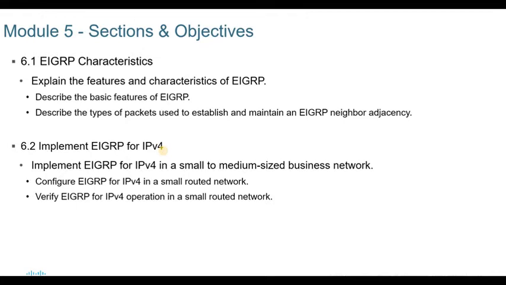We're going to have a sample configuration topology using Cisco Packet Tracer to configure EIGRP, the proper configuration of this dynamic routing protocol for IPv4 in a small routed network. Of course, after the configuration, you will need to verify if EIGRP actually works by using different commands that are applicable to check and troubleshoot the EIGRP setup.